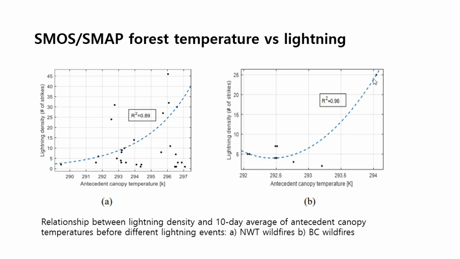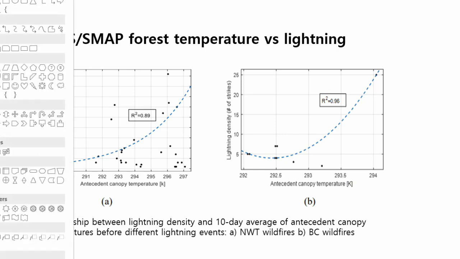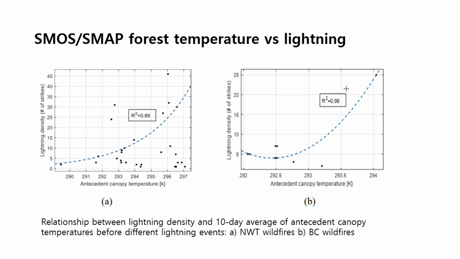In figure B, although the R-square value is higher than figure A, we don't really want to say that there's a stronger relationship. That's because there's only one data point up here on the right on top, so the R-square value is higher than A, but I think it has a weaker relationship between the lightning and canopy temperature because of a smaller fire burned area.